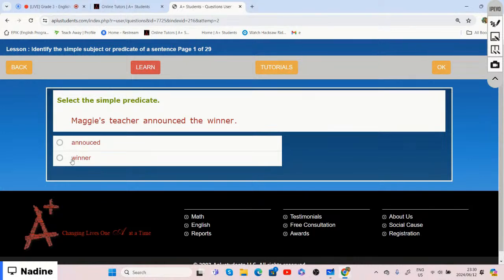It says, Maggie's teacher announced the winner. We need to identify the simple predicate within that sentence. Is it announced or is it winner?